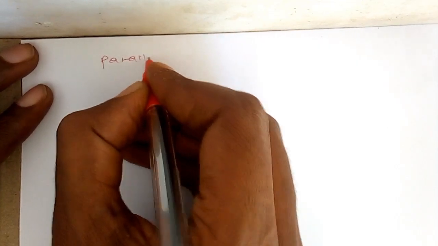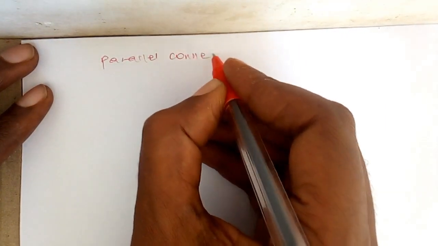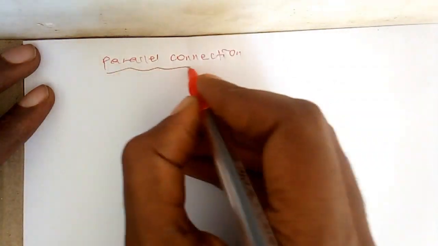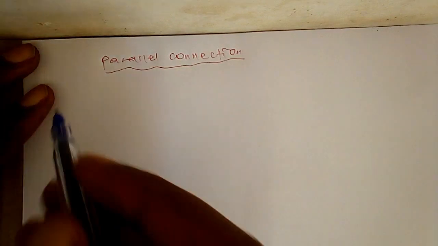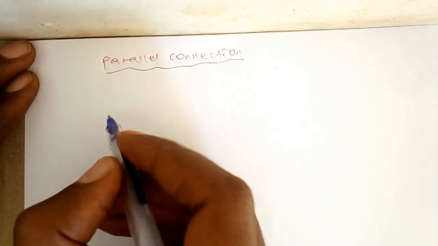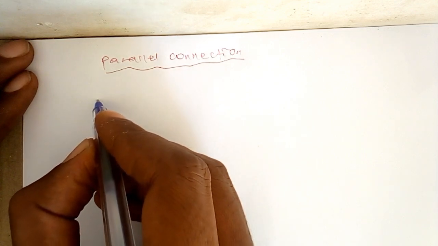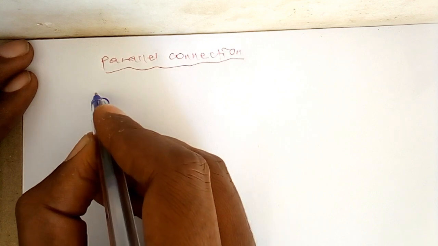So from the above listed components, how to connect them in parallel. Now we'll discuss them schematically, how we connect them. Here is the sunlight.